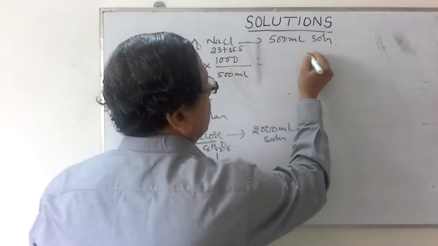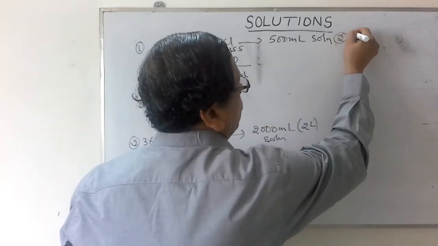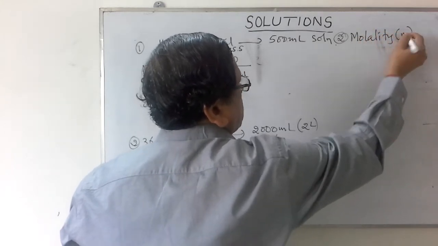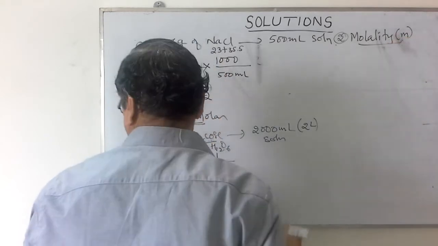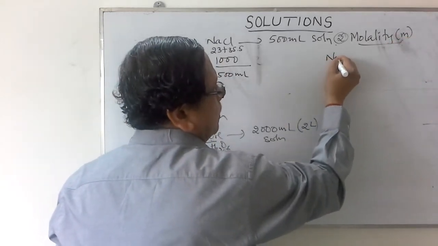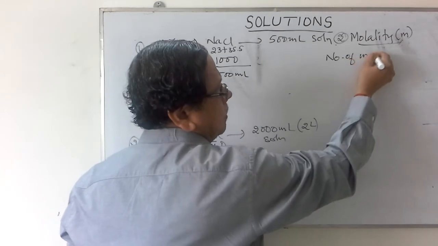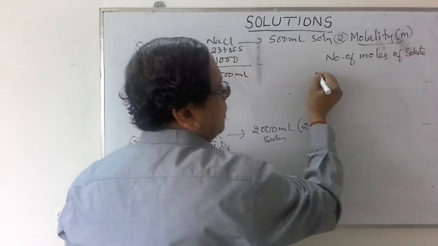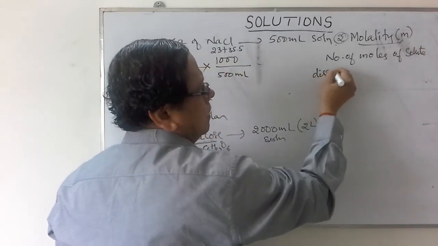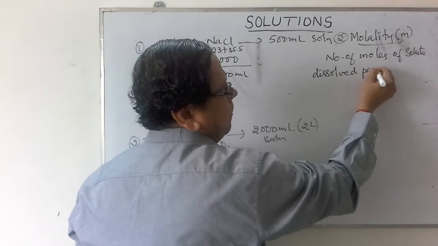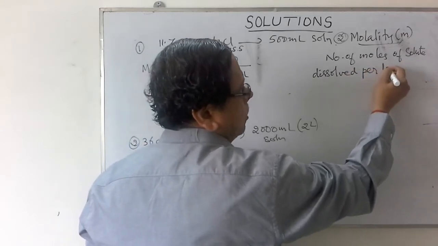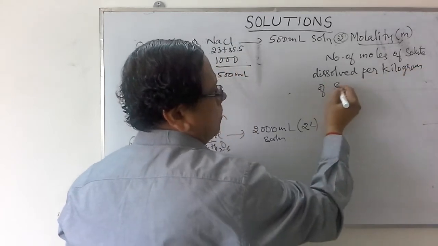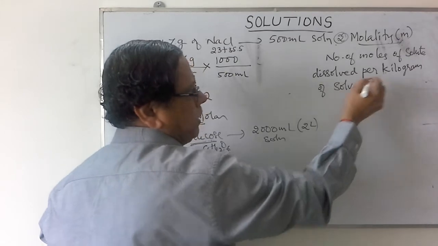Now let us take the second concentration, that is molality. This is expressed in terms of small m. This is defined as the number of moles of the solute dissolved per kilogram of the solvent.